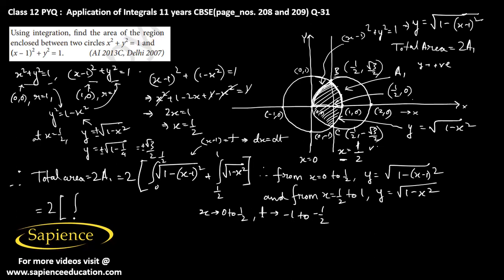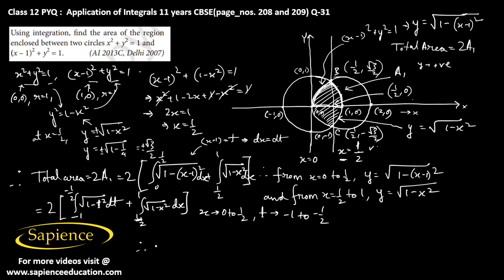So we will have to do integral from minus 1 to minus half of square root of 1 minus t squared dt, plus integral from half to 1 of square root of 1 minus x square dx.